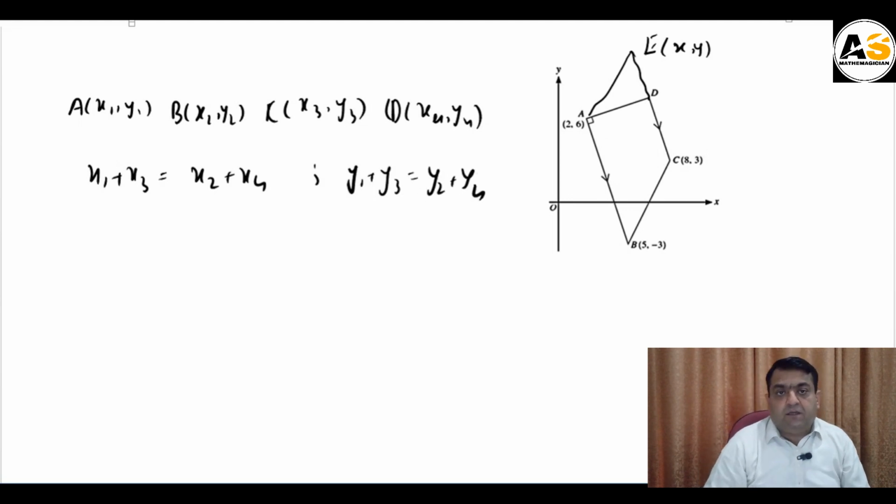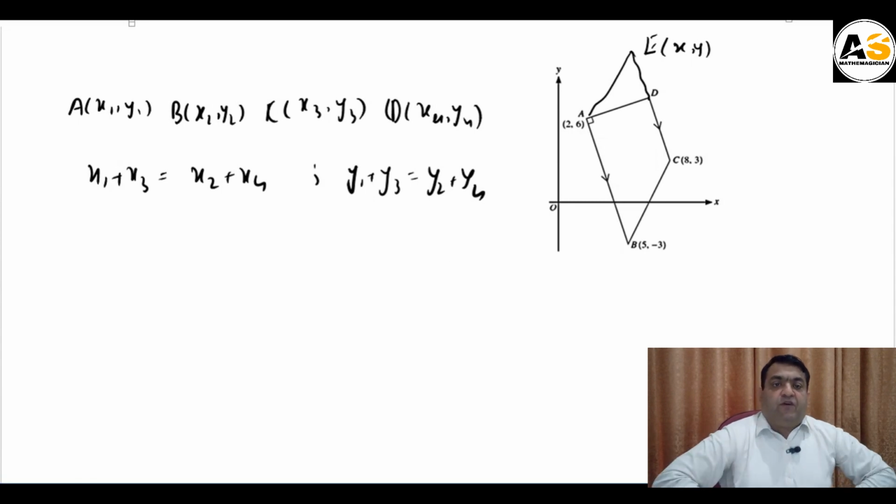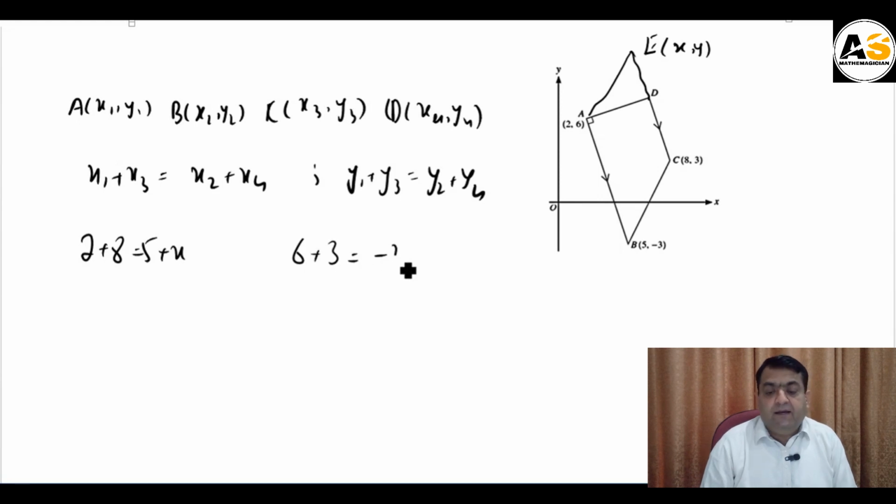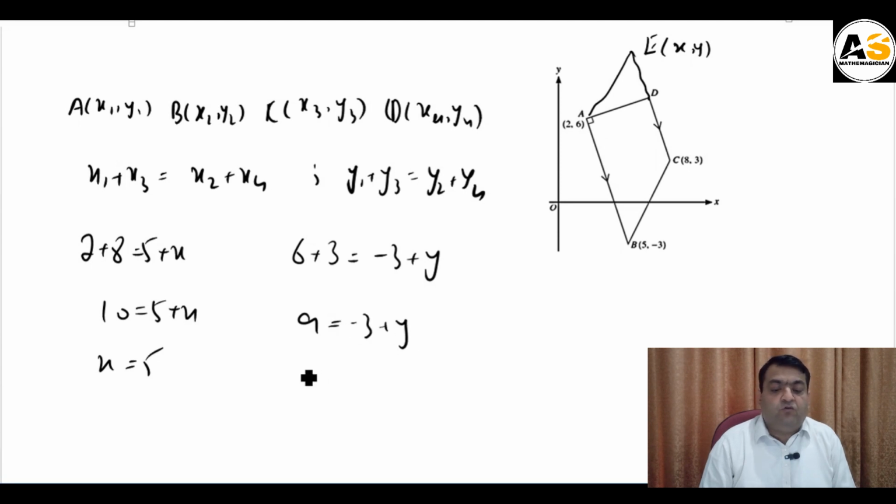With the help of this concept, we will first find the coordinates of E. So I will write 2 plus 8 is equal to 5 plus x, and 6 plus 3 is equal to minus 3 plus y. 10 is equal to 5 plus x, so x will be 5. 9 is equal to minus 3 plus y, so y will be equal to 12.